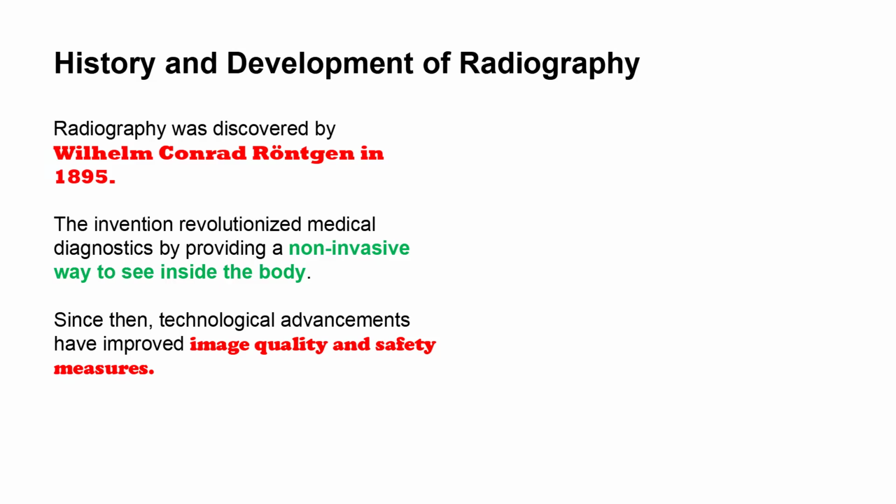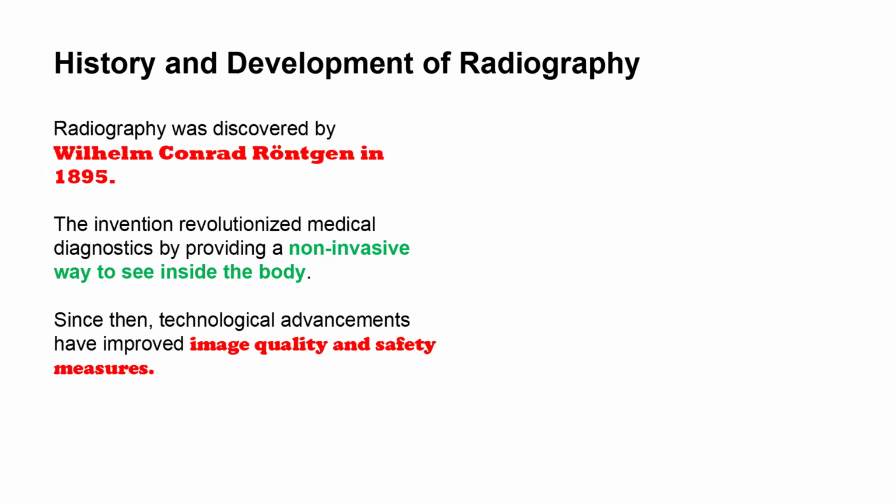Since then, technological advancements have improved image quality and safety measures. Since healthcare professionals were able to see how medical diagnostics is applied using radiography, and were able to see inside the body using this radiographic method, a lot of technological advancement came up in order to improve the image quality and the safety measures of the radiations.